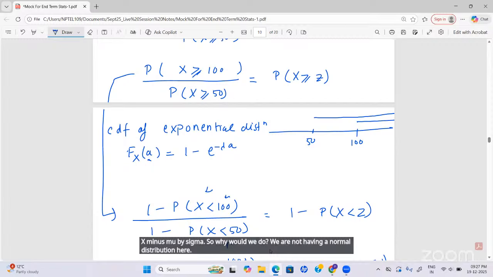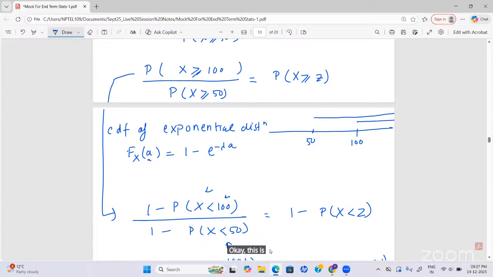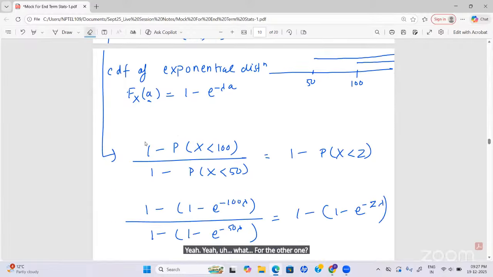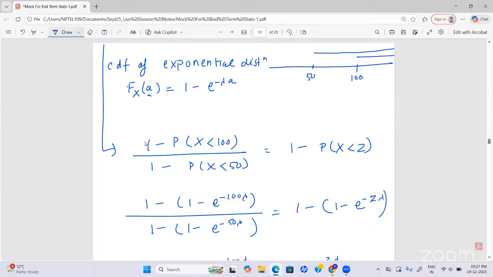This is an exponential distribution, and we already know the CDF of exponential distribution that we can use here. We don't need to use normal distribution here. Okay, ma'am, got it. Anyone else has any doubt?